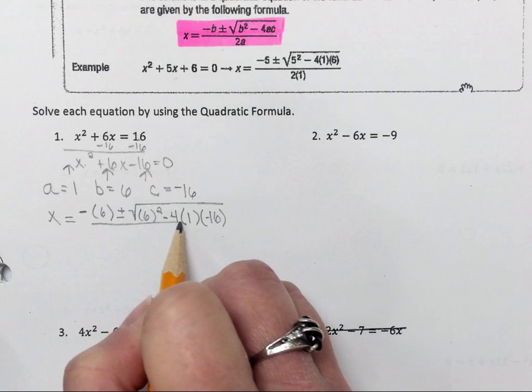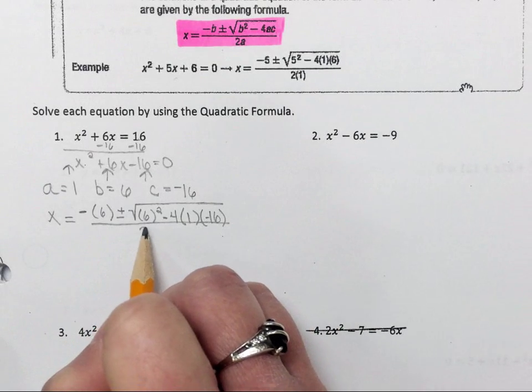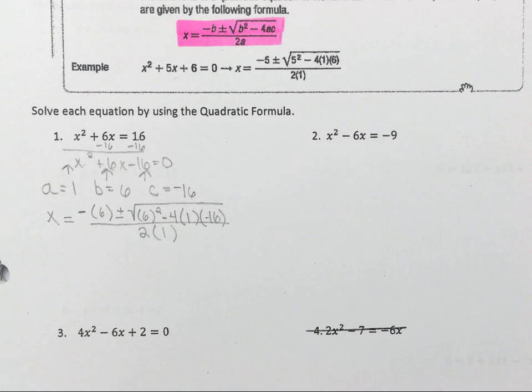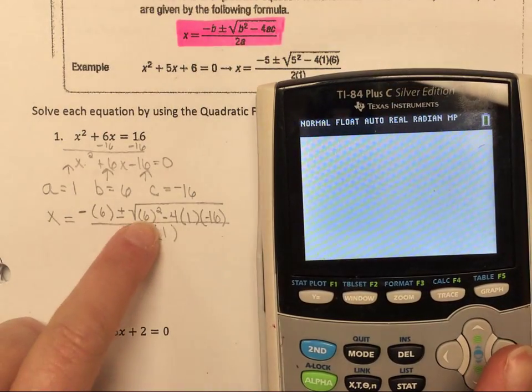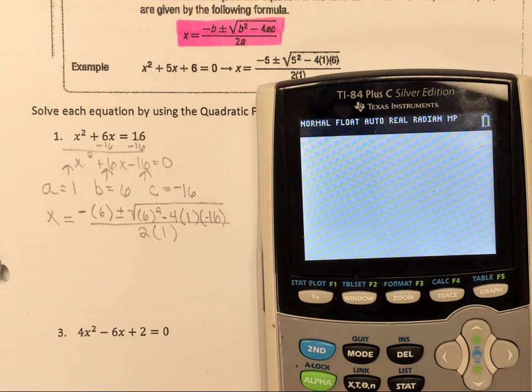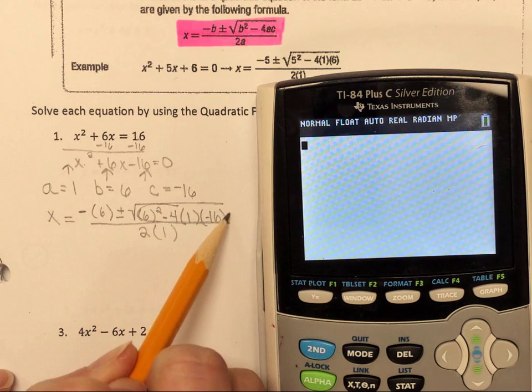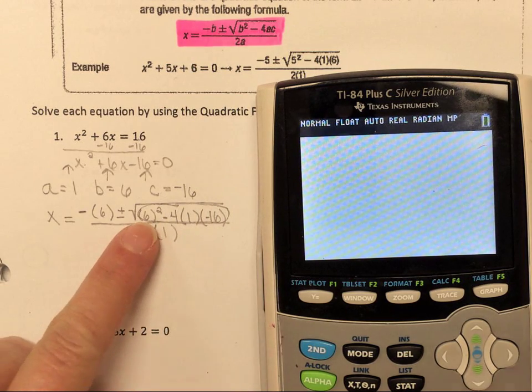And then grab your handy dandy calculator. I'm going to show you a shortcut so you don't have to do all this craziness. Plug all of this in your calculator and it'll give you an answer. So here we go.